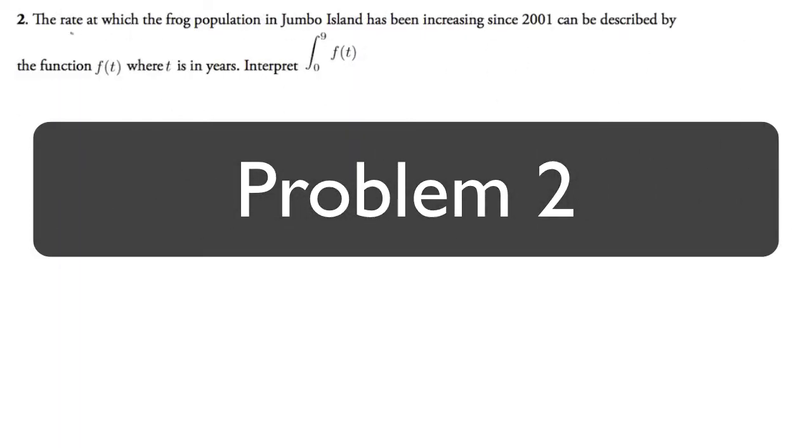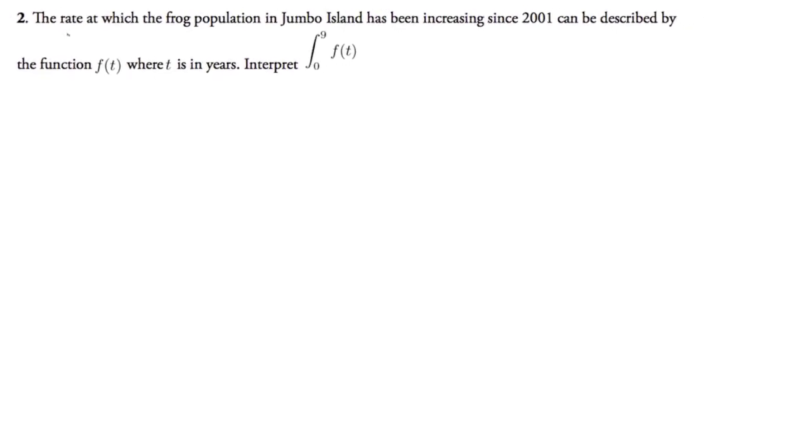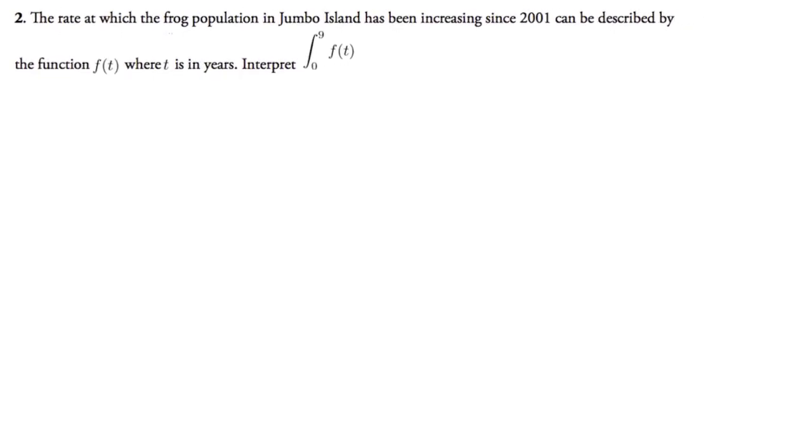Here we have the rate at which the frog population in Jumbo Island has been increasing since 2001, described by the function f of t, where t is in years. Interpret the integral from 0 to 9 of f of t dt.